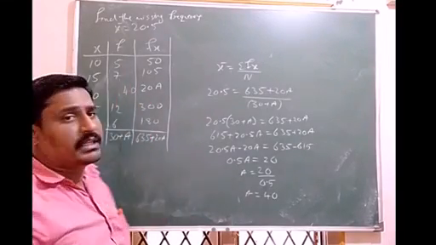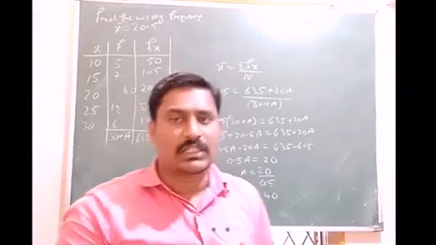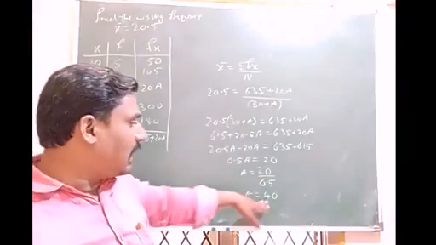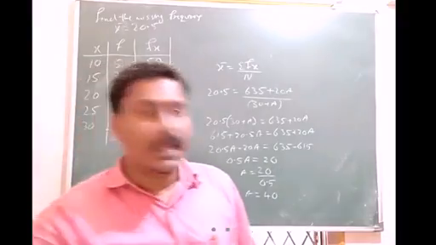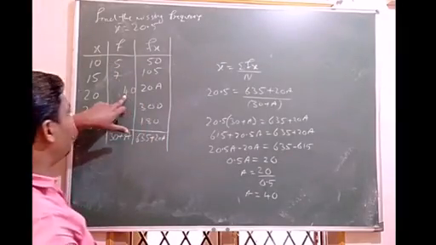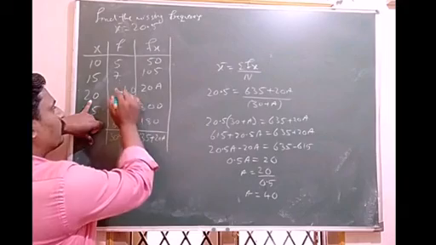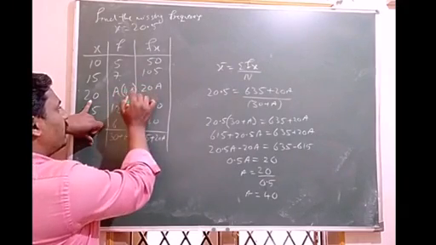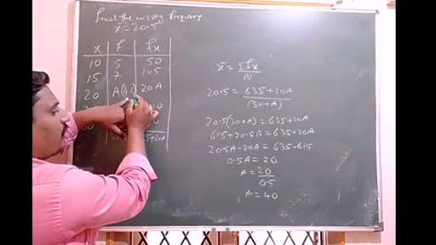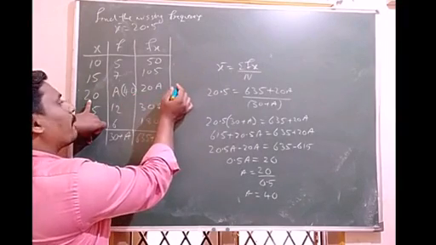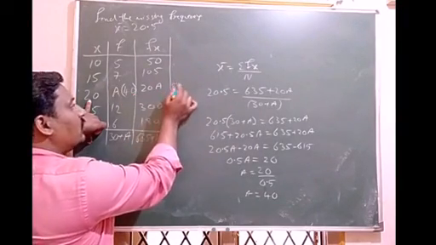Let us cross check it. If we get the answer 20.5, then our answer is right. Just put 40 here. So 20 into 40 is, I'm writing in brackets here, 800. I made a mistake earlier.